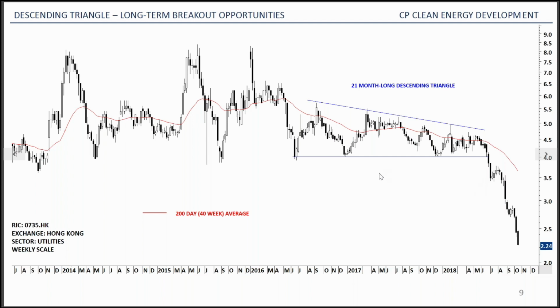You see a 5-year long history, okay, and a clear downward sloping upper boundary and a horizontal boundary that has been tested several times. The filtering is there, 200-day moving average, which is the 40-week moving average in this case on the weekly scale. Breakdown, continuation of the trend.